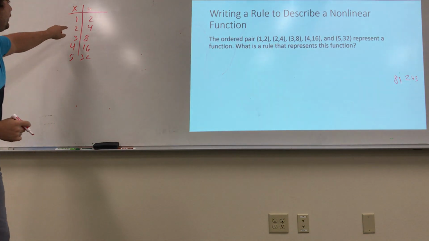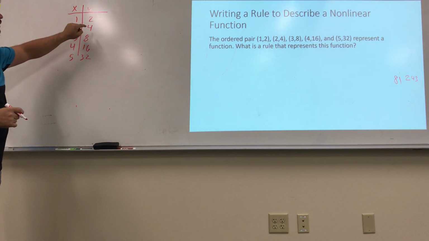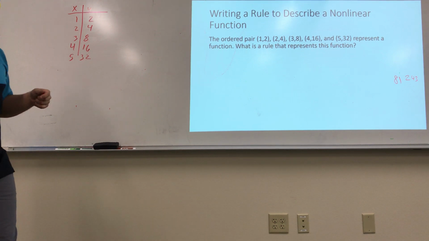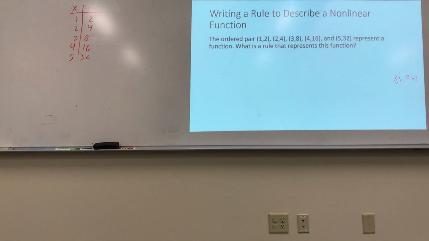So we could multiply by 2, that works here. 1 times 2 is 2, 2 times 2 is 4, 3 times 2 is 6. Oh, that made us mess up. So that's not it. So that kind of throws a lot of things out that we can't do. We have x plus 1. Well, that works for the first one, but that's about it.